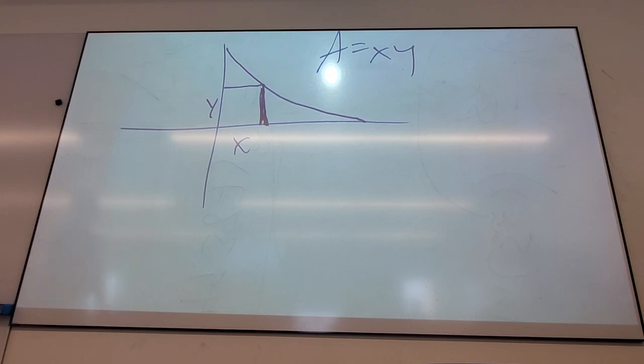Once you replace y with 6 minus x over x plus 2, whatever it is, what do you do then? Take the derivative. Some of you saw the word area and started integrating. No. What is the actual key word in that problem? Maximum. How do you find the maximum? You get a function, take its derivative, get the critical numbers, yes?